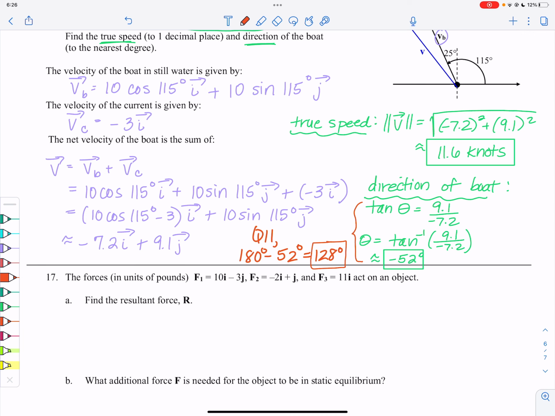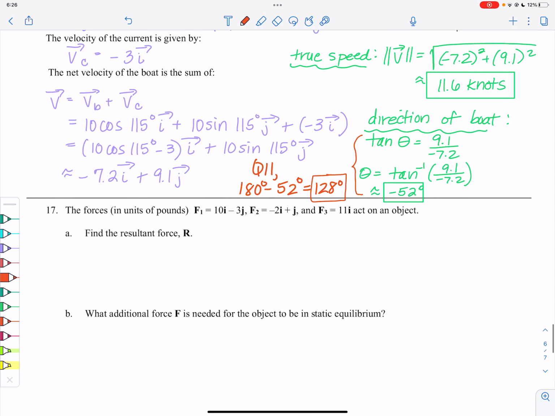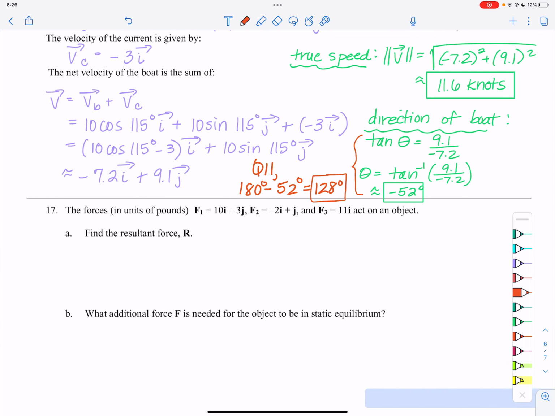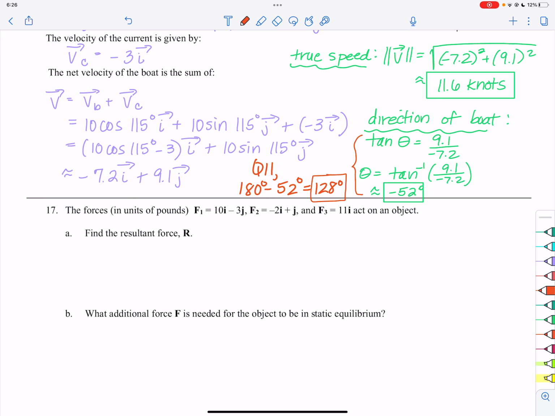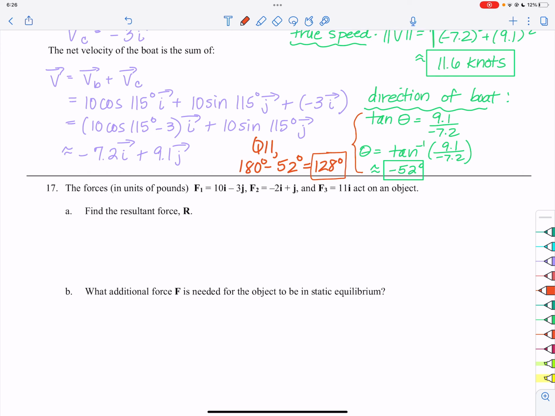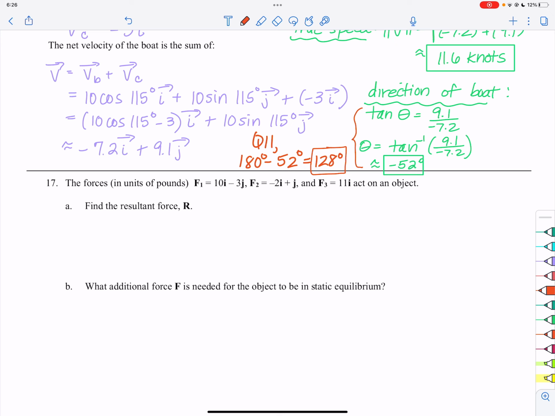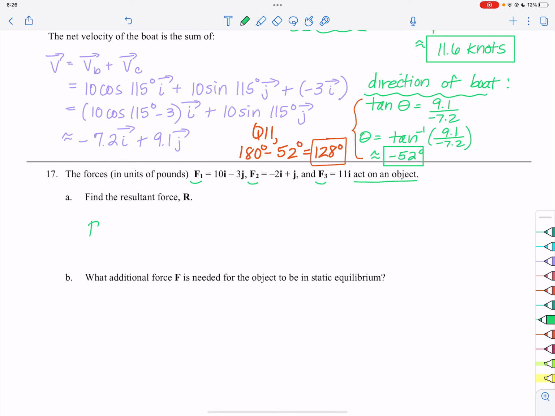Okay, let's look at our last problem, and we will have forces in units of pounds, and we have 2 force vectors, actually 3. And all 3 of these forces act on an object. Force 1, force 2, and force 3. And we want to find the resultant force.